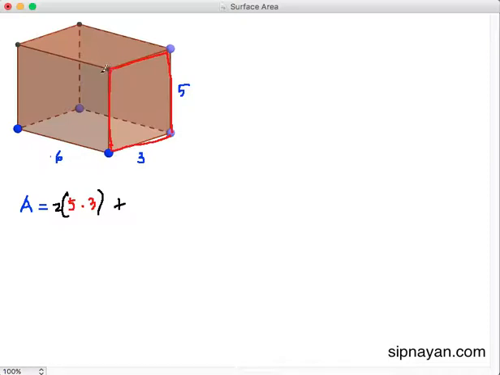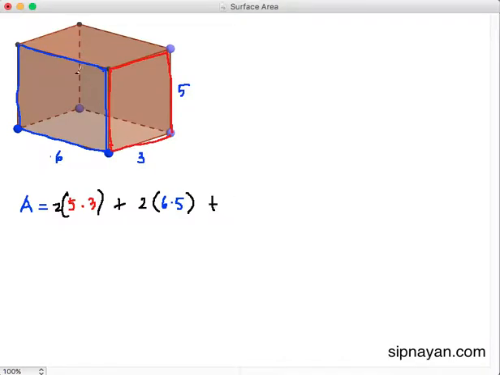Huwag natin patungan yung red para kita natin siya. Anong sukat niyan? That's 6 times 5, di ba? This side, or this edge, is the same as this edge, so this is also 5. 6 times 5 is 30. Kaso dalawa kasi may opposite siya dun sa likod din. So that's times 2 also.